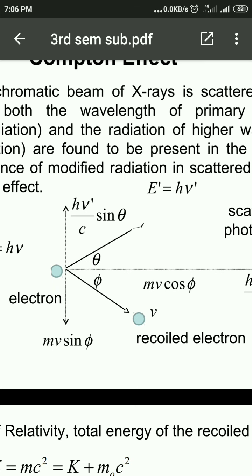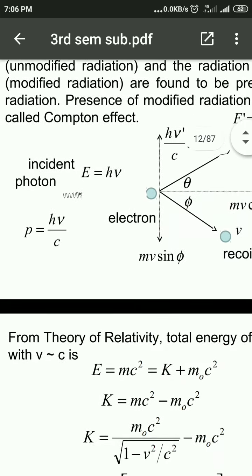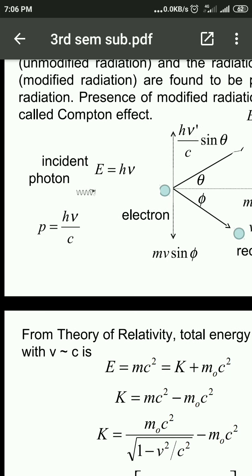Now before scattering the electron has energy and momentum, isn't it? Before scattering it is at rest, so it has only the rest mass energy, and it has no momentum. But the incident photon has a momentum, p is equal to h nu by c.